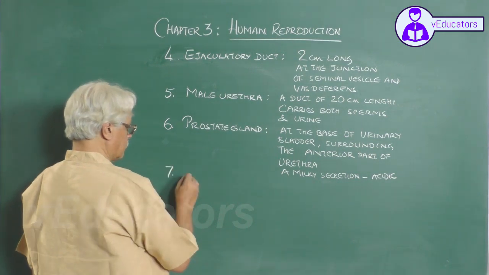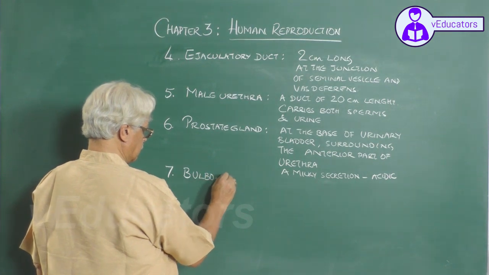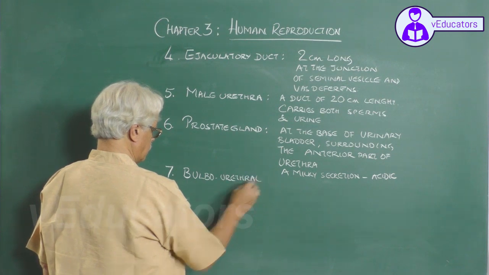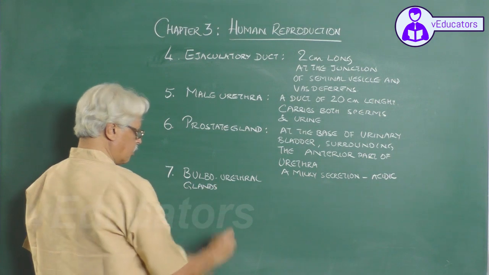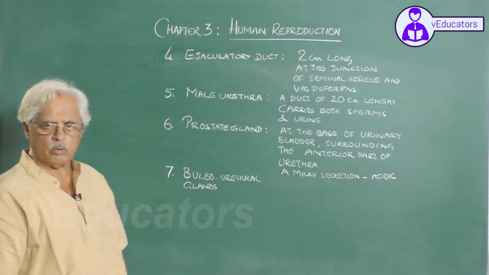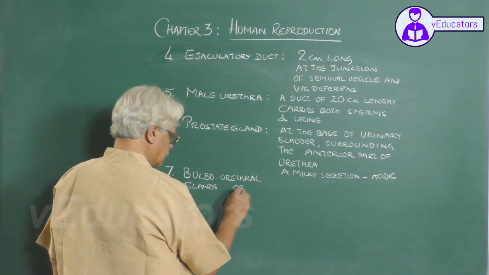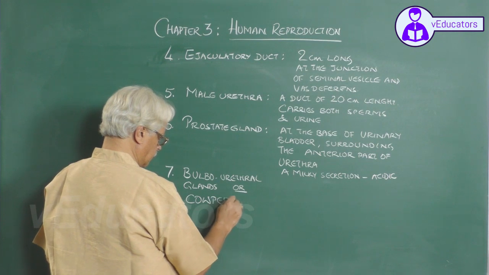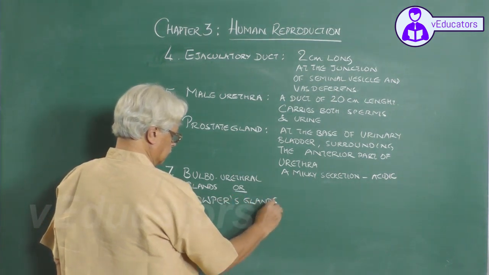Then a pair of tiny glands called bulbourethral glands, also called Cowper's glands.